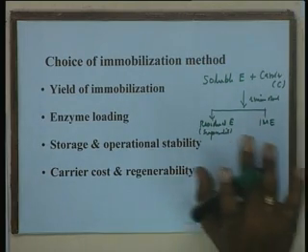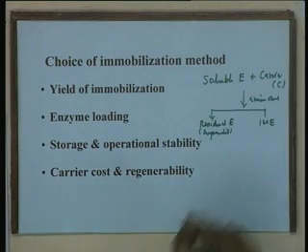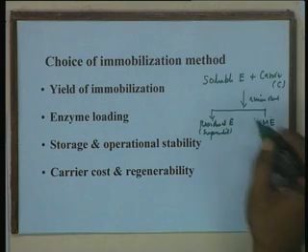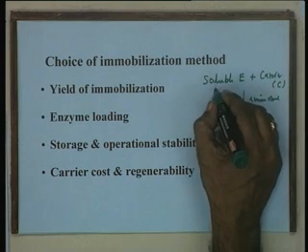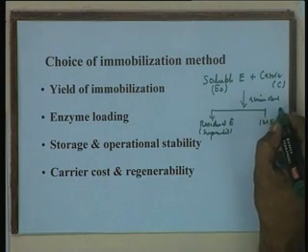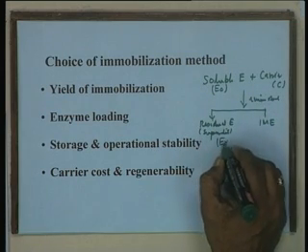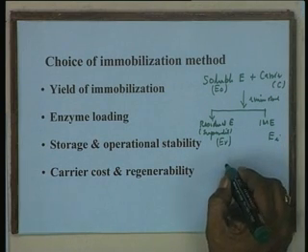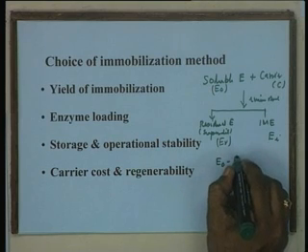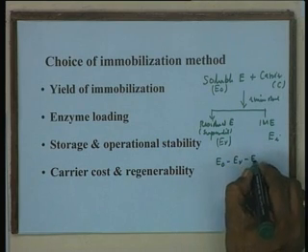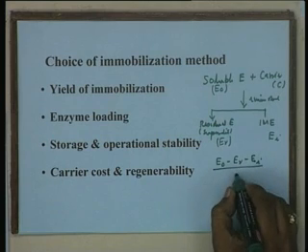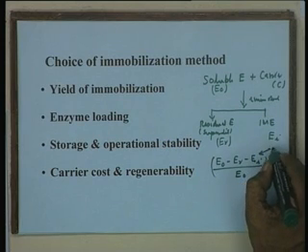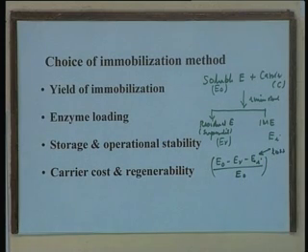This is the total picture of all the species that will be available, and essentially the loss of enzyme activity, if I call your soluble enzyme activity E naught, your residual enzyme activity E r, and the immobilized enzyme activity E I, then your loss of enzyme activity is E 0 minus E r minus E I, upon E naught, that is your fractional loss of the enzyme activity.